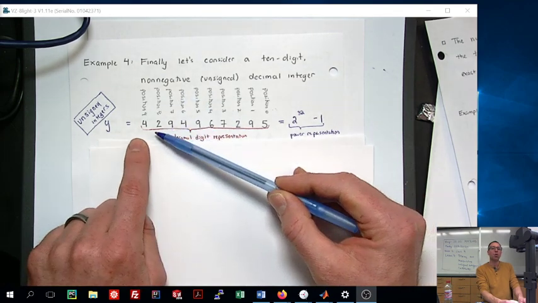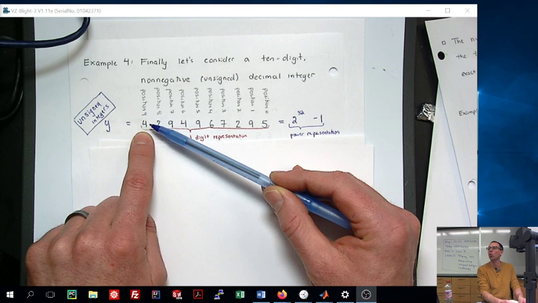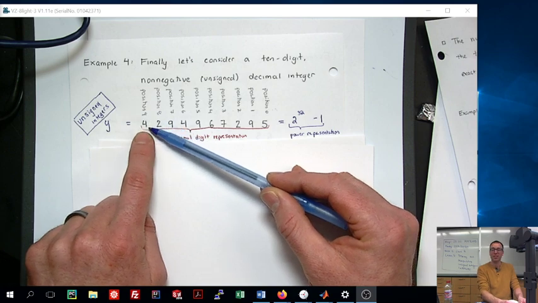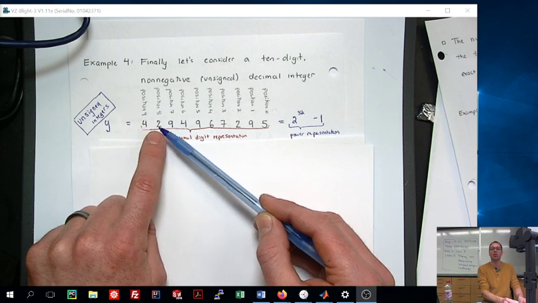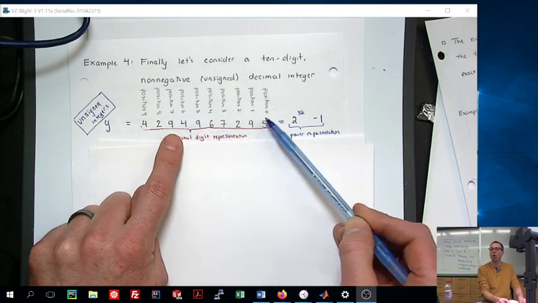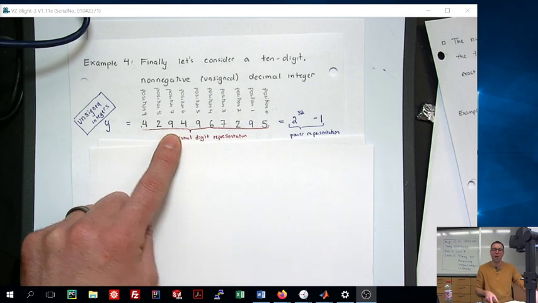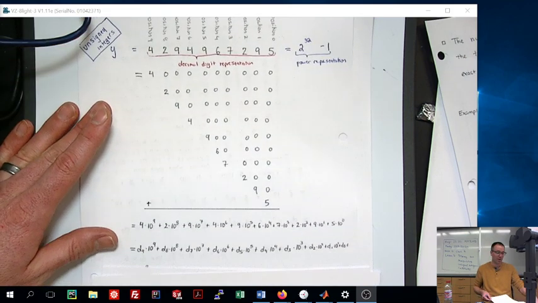The largest or most significant bit correlates with what power of 10? Yeah, so this number is literally 4 times 10 to the 9th plus 2 times 10 to the 8th plus dot, dot, dot, all the way down to 5 times 10 to the 0. And that's exactly what this representation sums up to be, right?